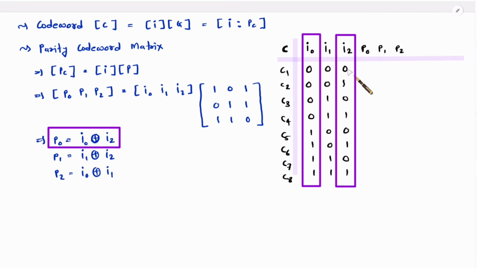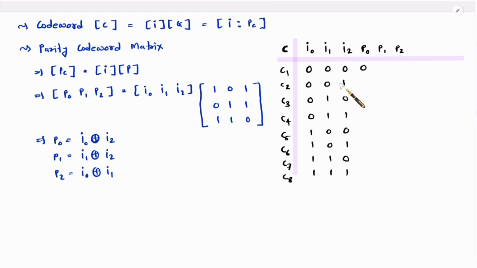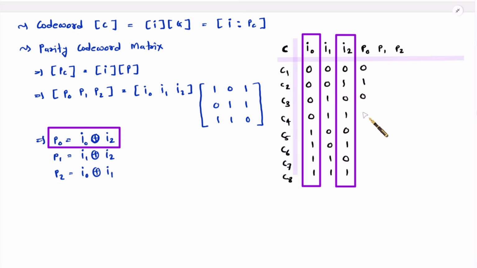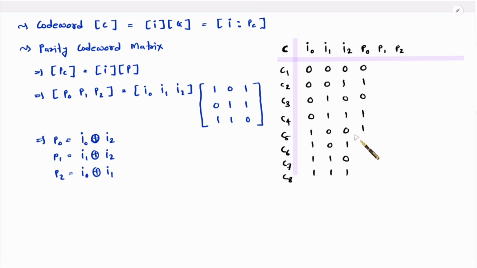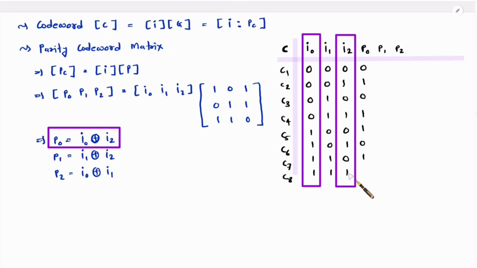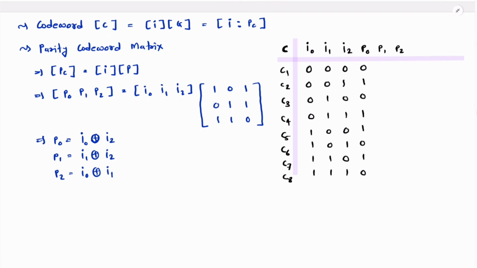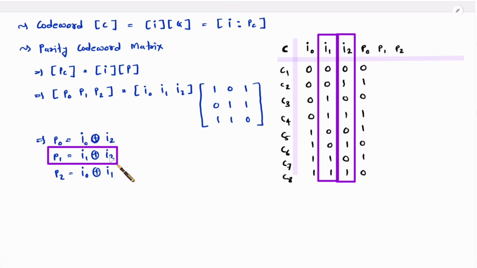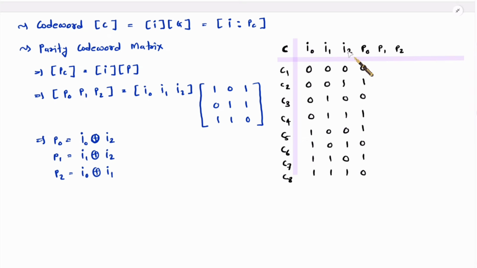So that will be 0 XOR 00, 0 XOR 11, 000, 011, 101, 110, 101 and 110. If you talk about P1, then P1 is I1 XOR I2. So I1 XOR I2, that is P1.